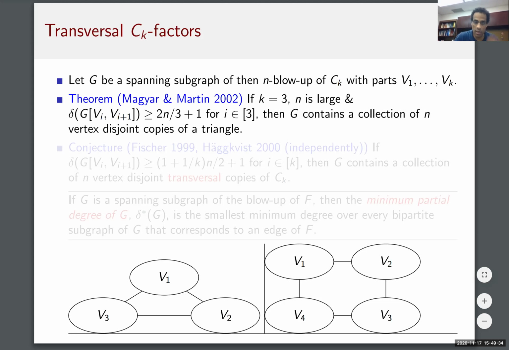The parts are each of size n, and we have n vertex-disjoint triangles. So we're essentially covering the entire graph with disjoint triangles, which I'll call a triangle factor.